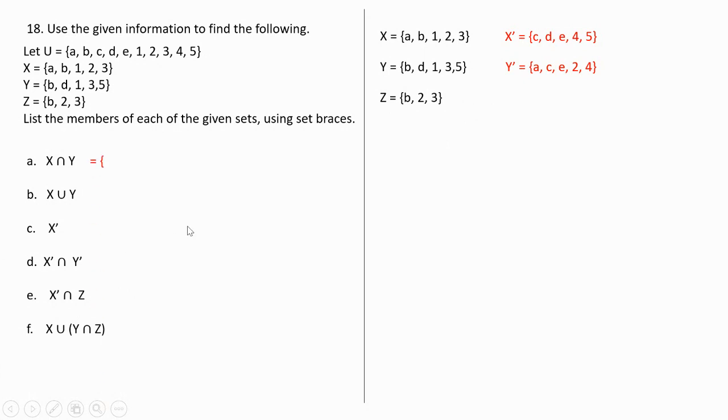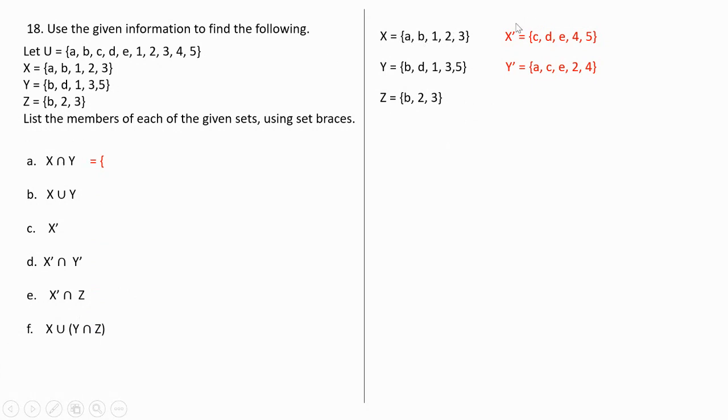So then let's do A. This means an intersection, or I like to put it in other words for students, for it to make a little bit better sense when the 'and', or the intersection, doesn't make sense to the students. So I tell students to use: what do they have in common? So what do set X and set Y have in common?